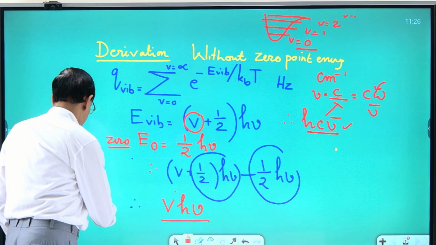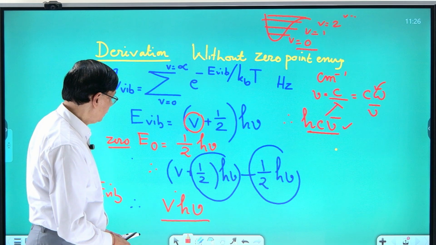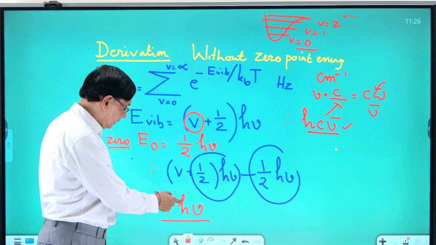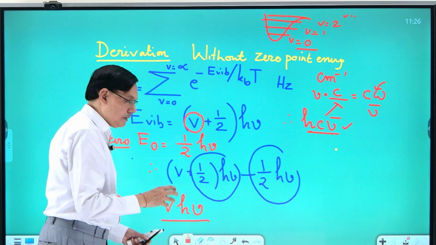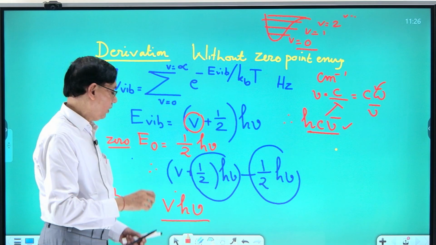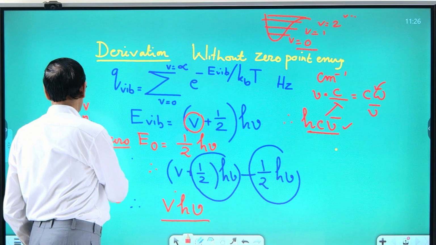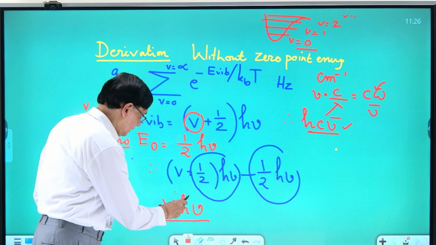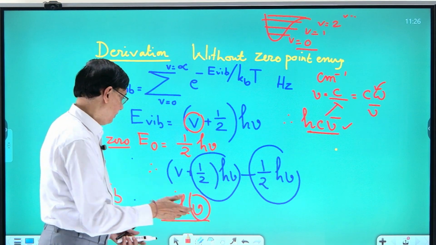So I have to substitute the values of this. Don't get confused. This is the vibrational quantum number and this is the vibrational frequency. In some books, in place of V you can write small n also. But here I am just using V, and nu is different. It is the vibrational frequency. Again and again I am saying the same thing.